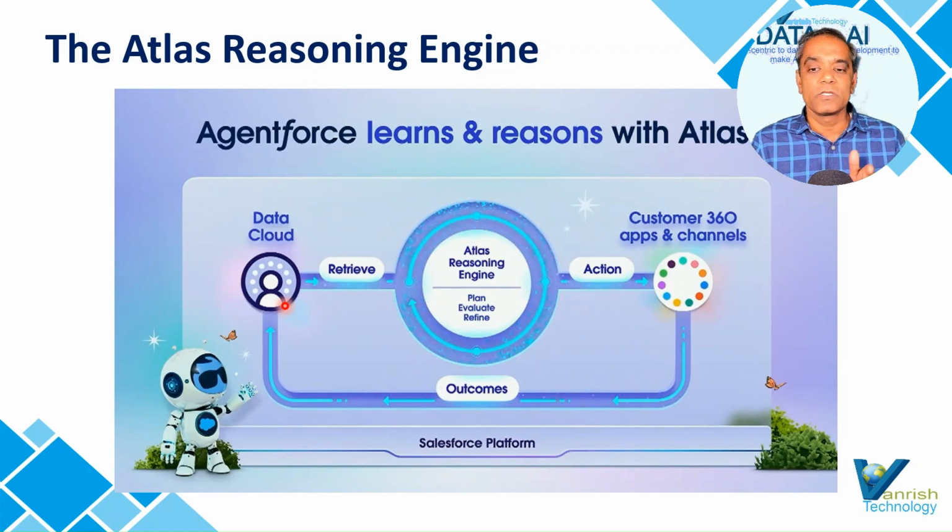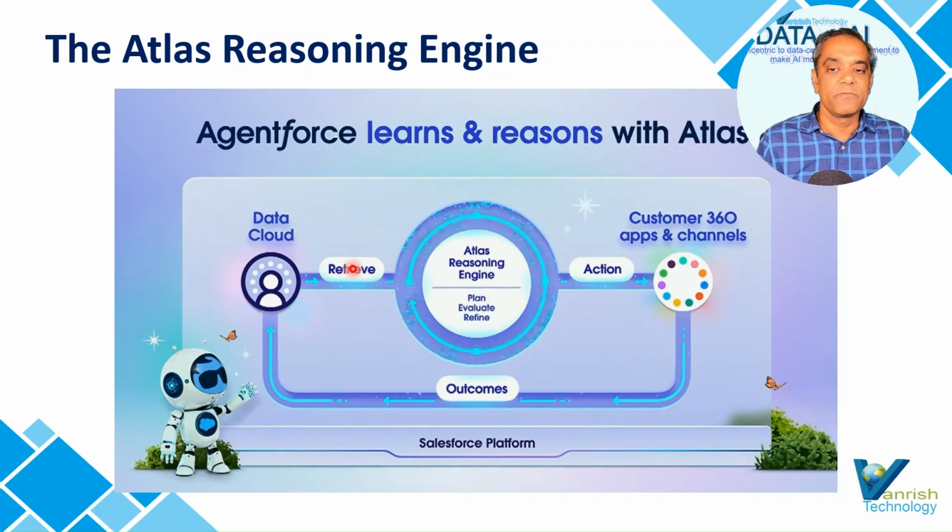That's what the Atlas Reasoning Engine is working out. Atlas defines the plan, and then execution happens in sequence. First it gives the product information, and after that the product warranty information. So that's the planning happening behind the scenes.